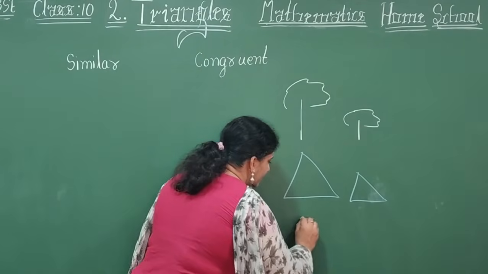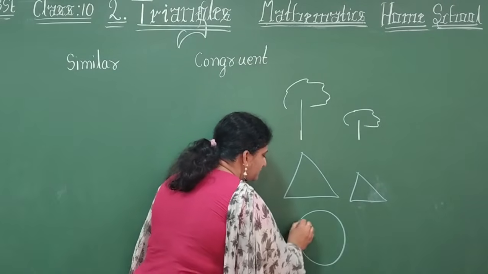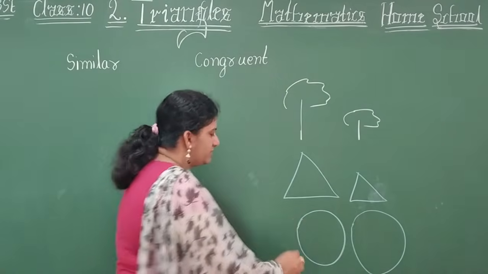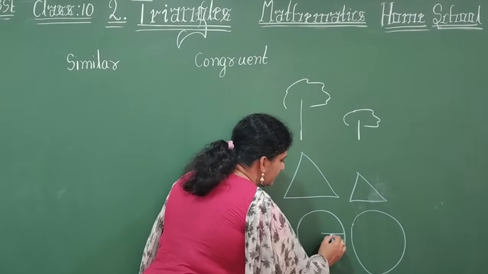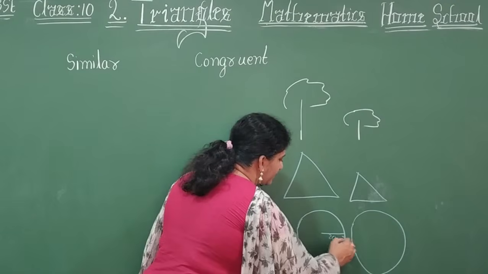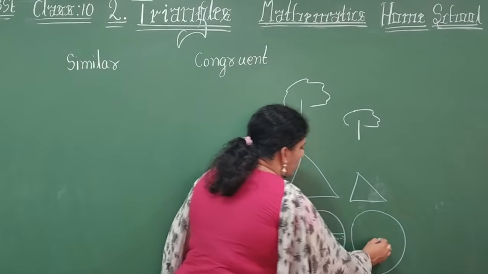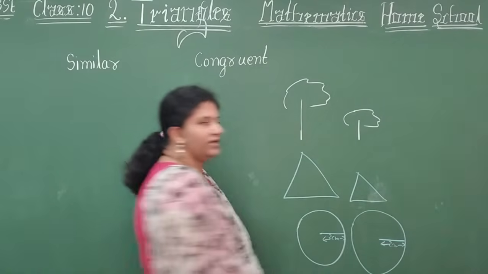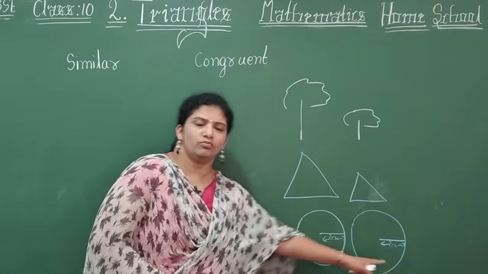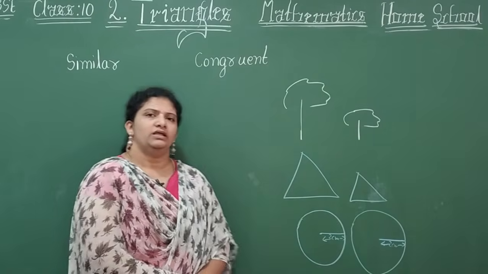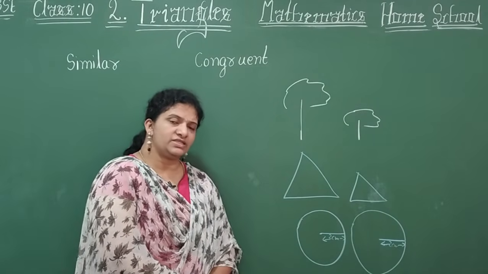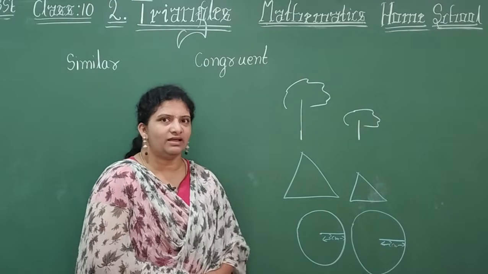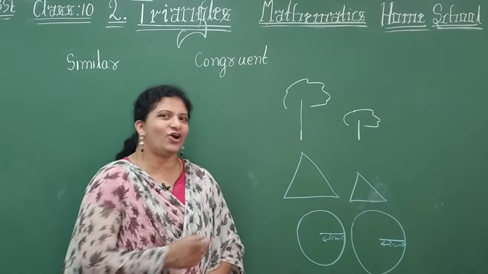Suppose, let us take one more example. Yes, these two circles have 2 centimeters radius. What is the radius of these circles here, children? 2 centimeters. Look here, both the circles. What do you say looking at these two circles here, children? These two circles are similar and they are congruent.